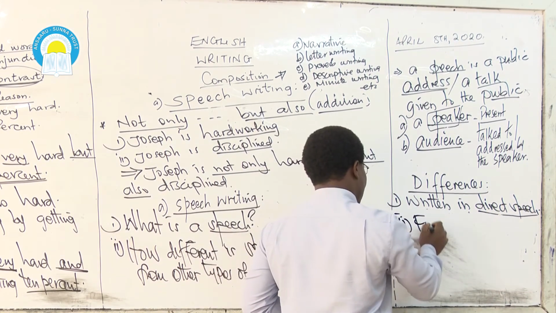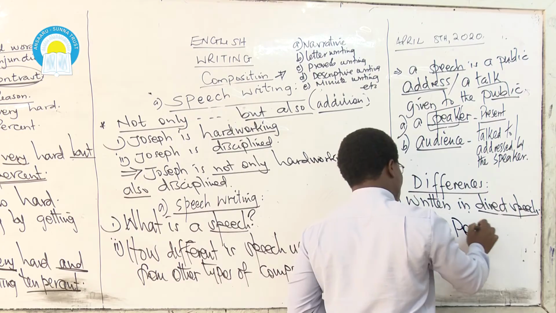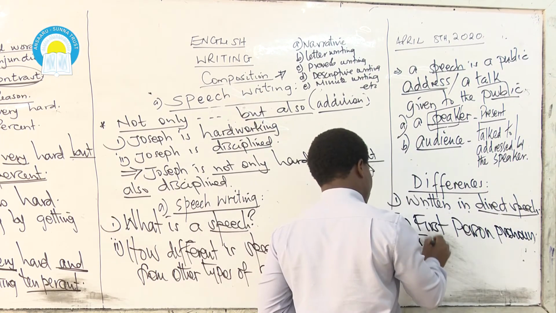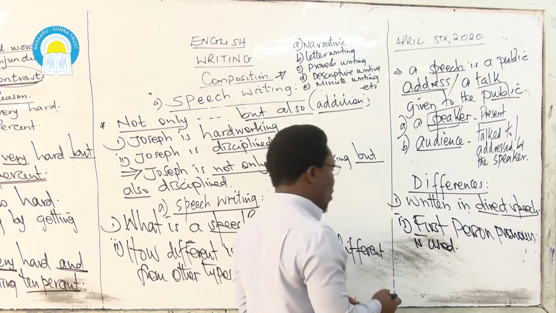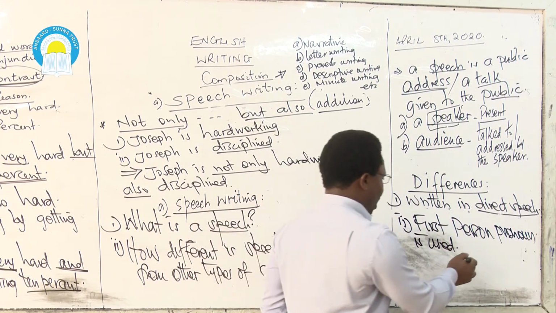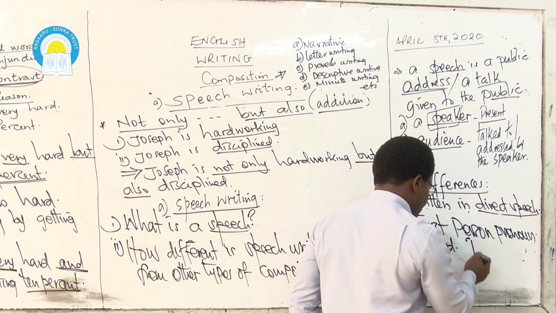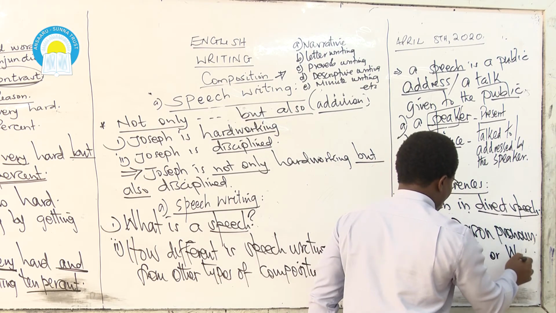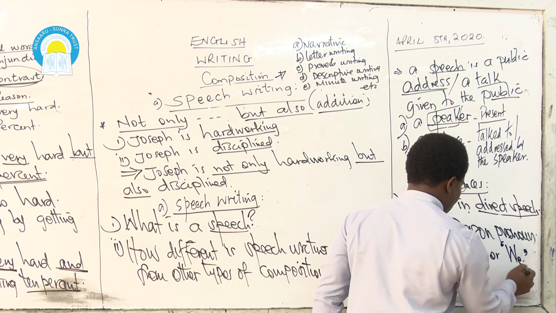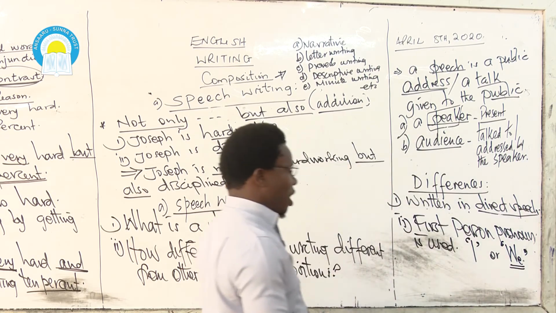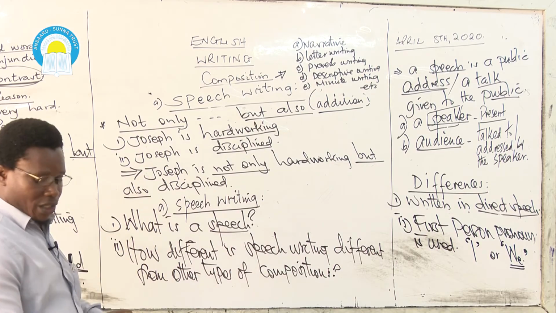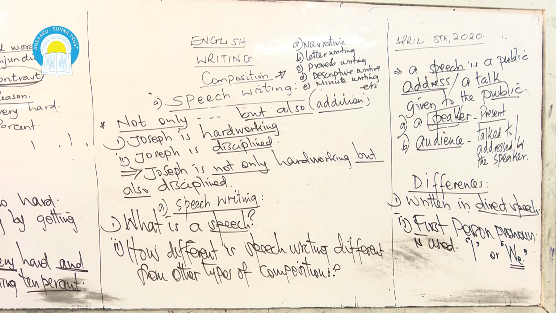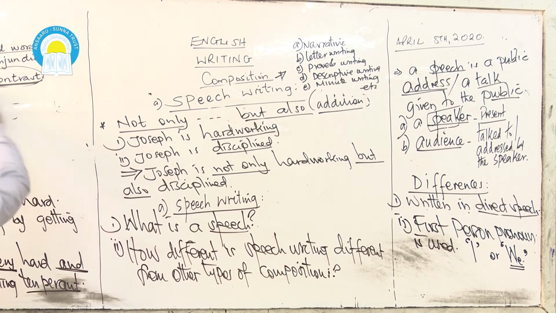Second one is first person pronoun is used. First person pronoun here, I mean I or we.